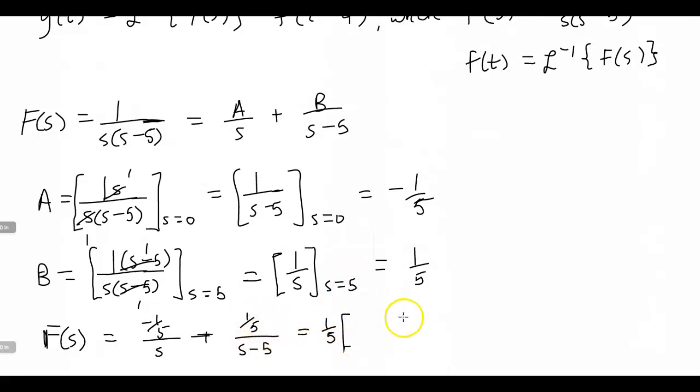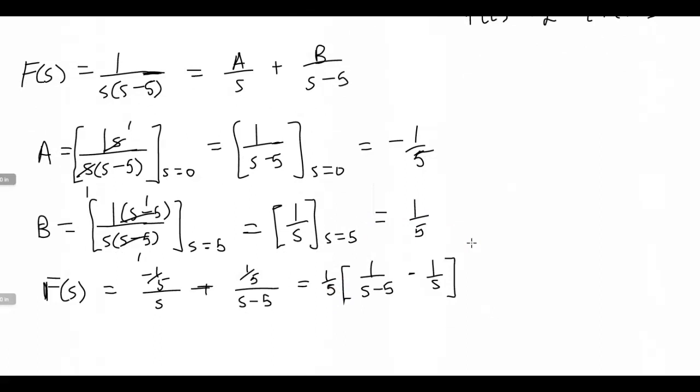I'll factor out a 1/5, and we'll just say this is 1 over S minus 5 minus 1 over S. So now we need to find the inverse Laplace transform of this, which will just be f of t.